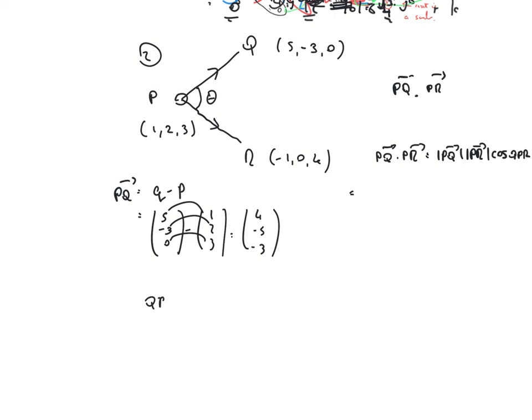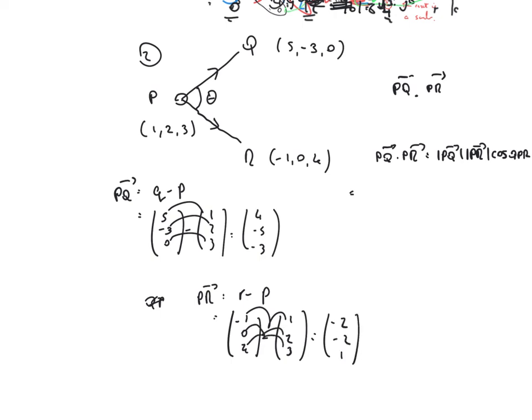I've then got PR, which is R minus P, and that is minus 1, 0, 4, minus 1, 2, 3. Minus 1 minus 1 is minus 2, 0 minus 2 is minus 2, and 4 minus 3 is 1.